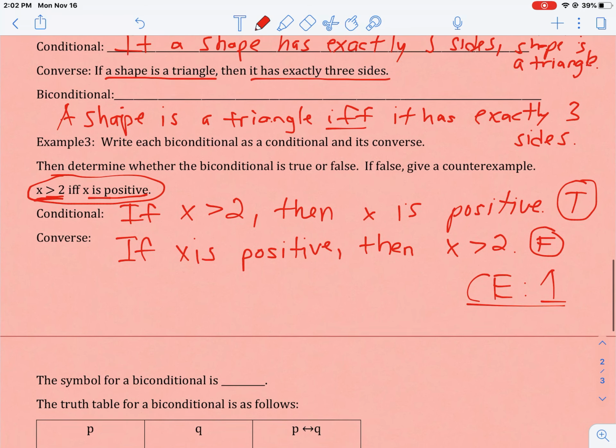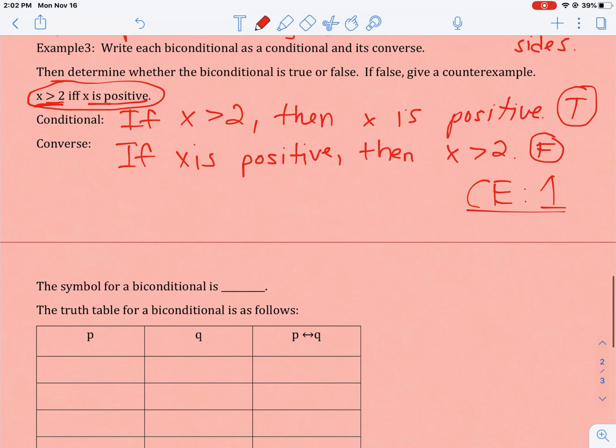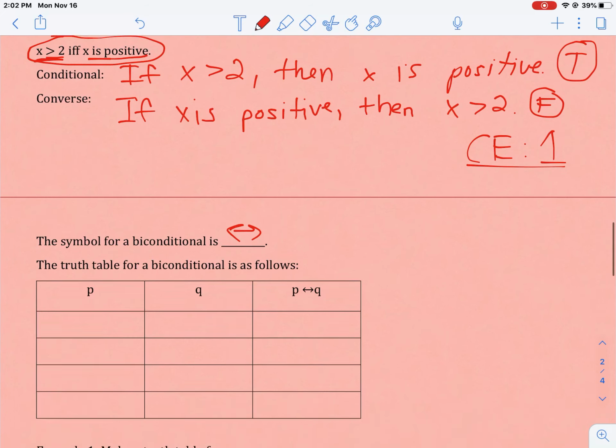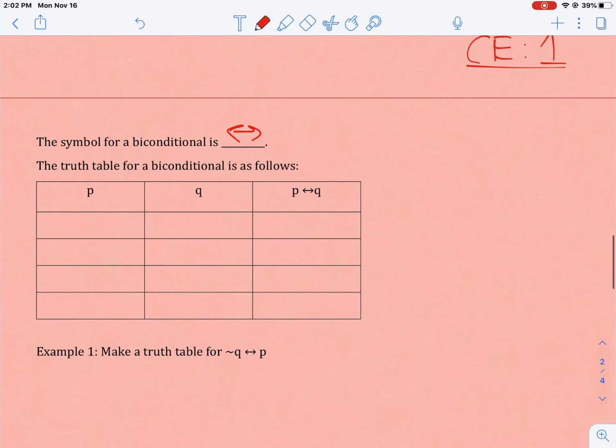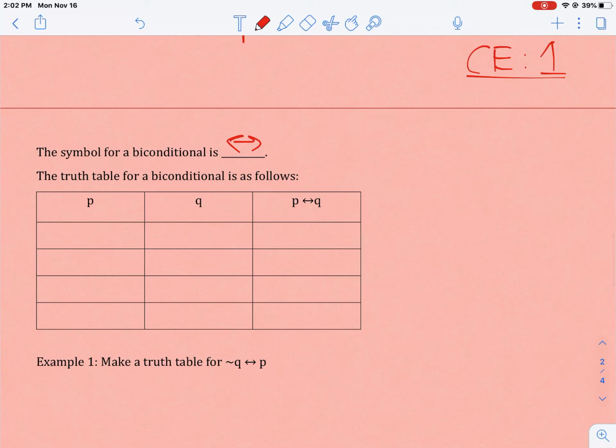So really, to find out if a biconditional is true or false, you've got to split it up. The symbol for a biconditional is a double arrow. Here's a truth table: true, true, false, false, true, false, true, false.